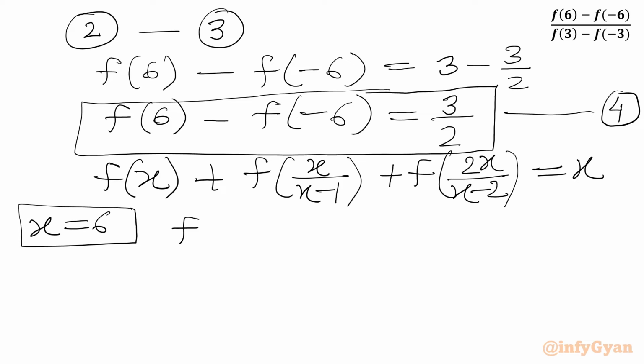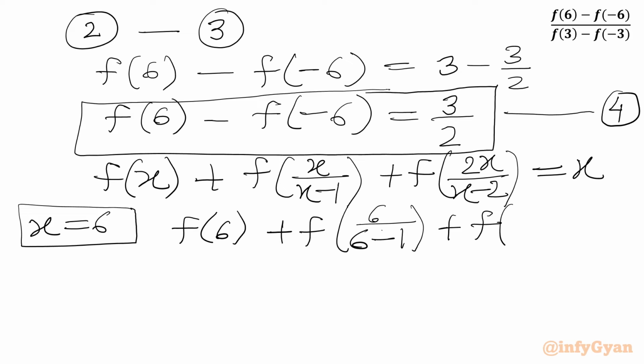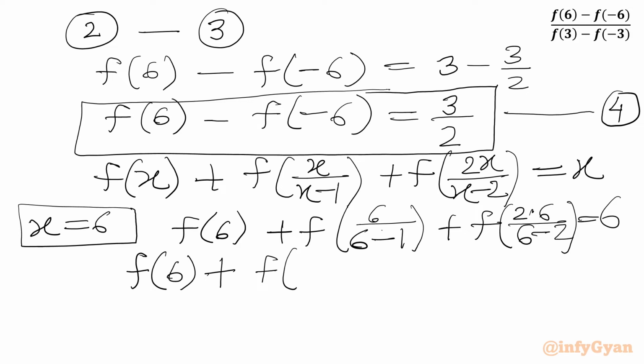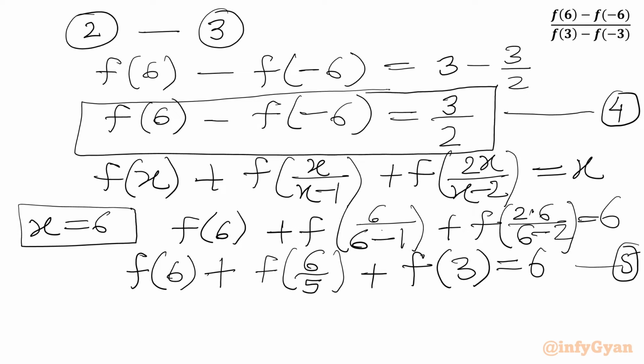So I will get f(6) + f(6/(6−1)) + f(2·6/(6−2)) equal to 6. Let's simplify. We will get f(6) + f(6/5) + f(12/4), so f(3), equal to 6. Let's say this is our equation number 5.